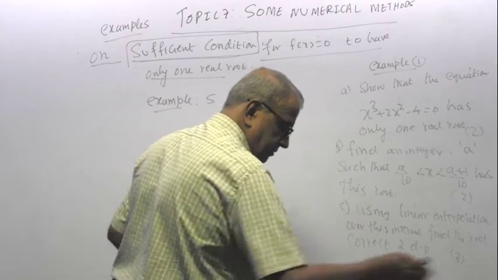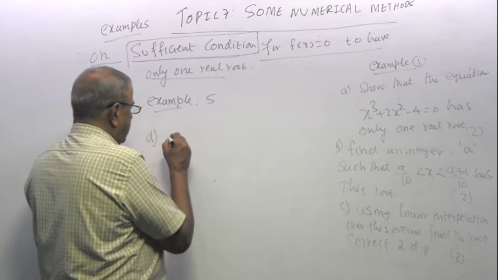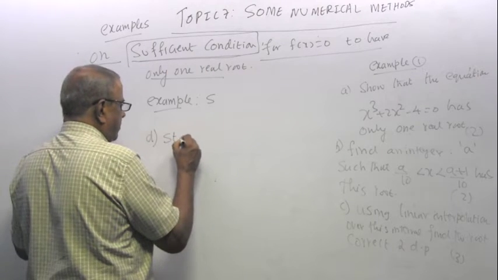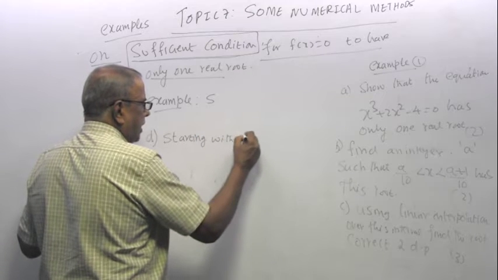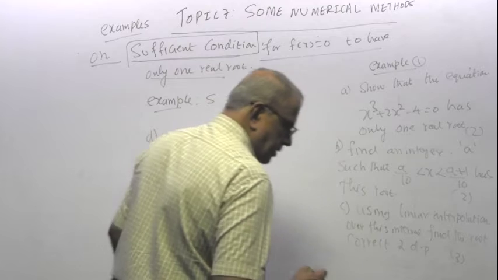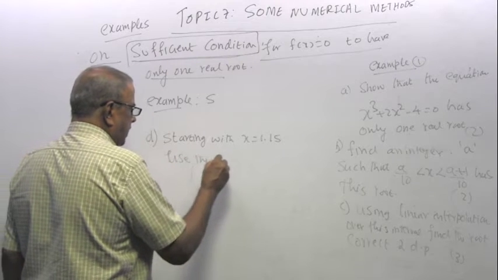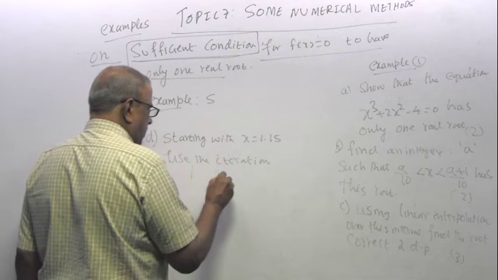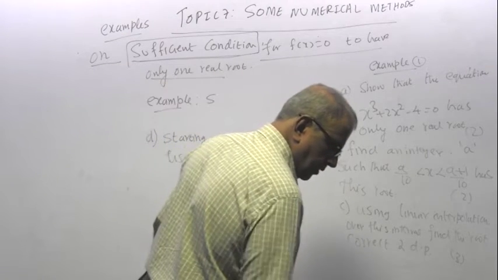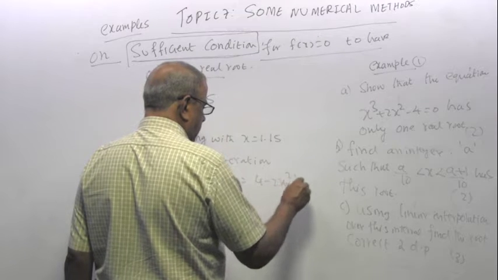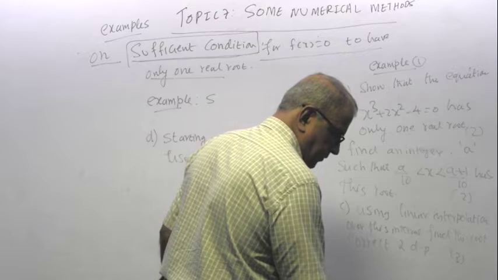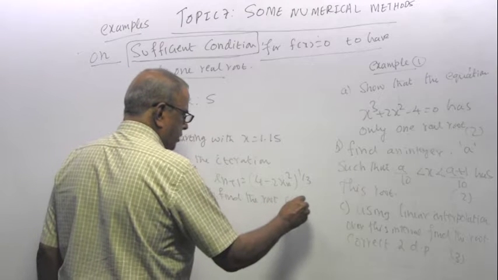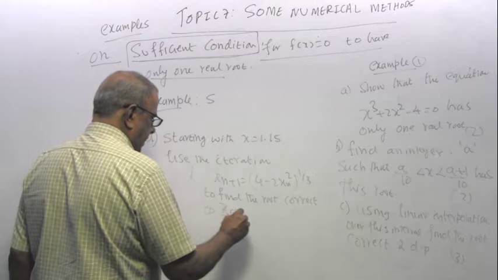Of course there's a part D as well. Part D, starting with x equal to 1.15, use the iteration x n plus 1 equal to (4 minus 2 x n squared) to the power 1/3 to find the root correct to 3 decimal places.